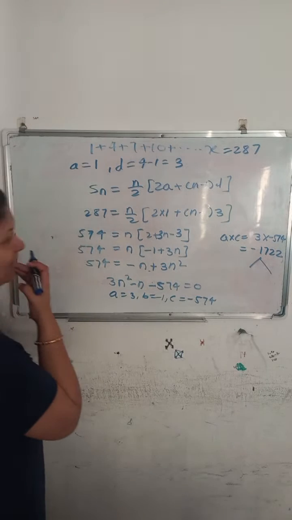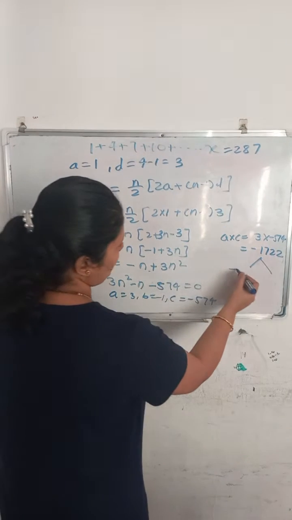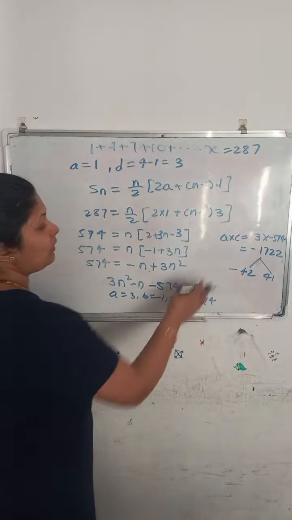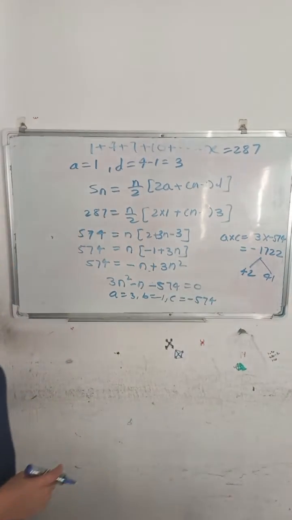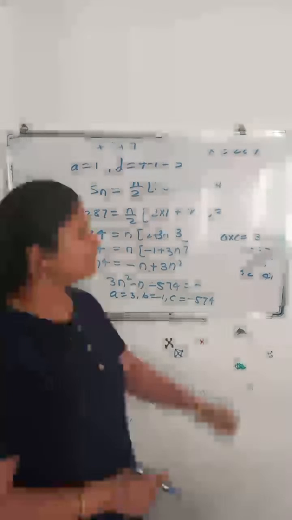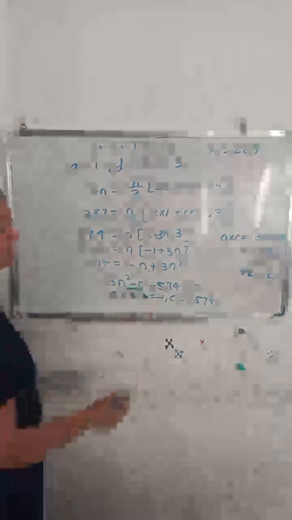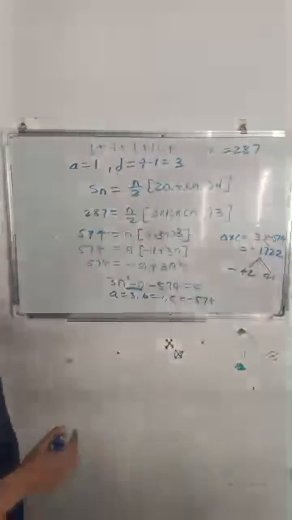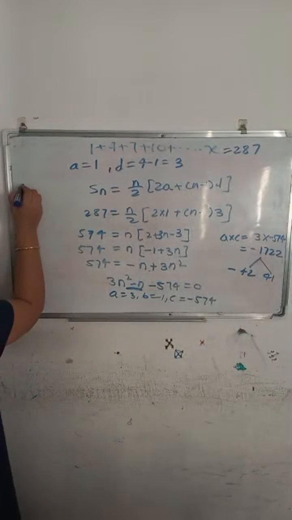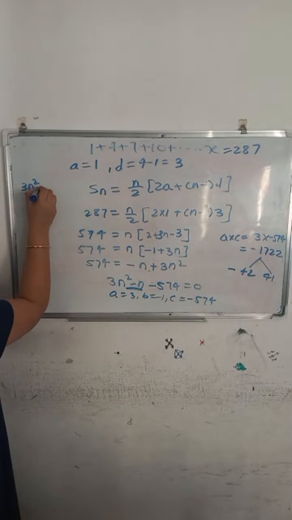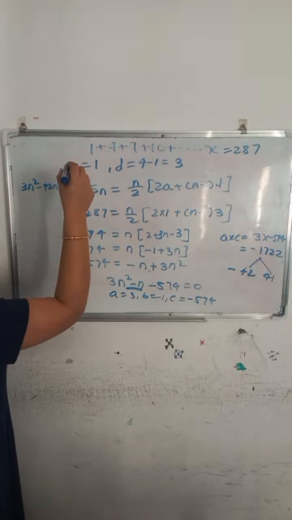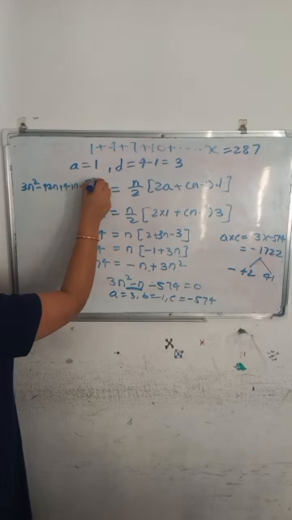So I know the factors here for this, that is minus 42 into 41, you get 1722, but here the middle term I got as a minus, so you can take 42 as a minus. So minus 42 plus 41 is nothing but minus 1. Okay, now substitute the values over here. So I will write 3n square minus 42n plus 41n minus 574.